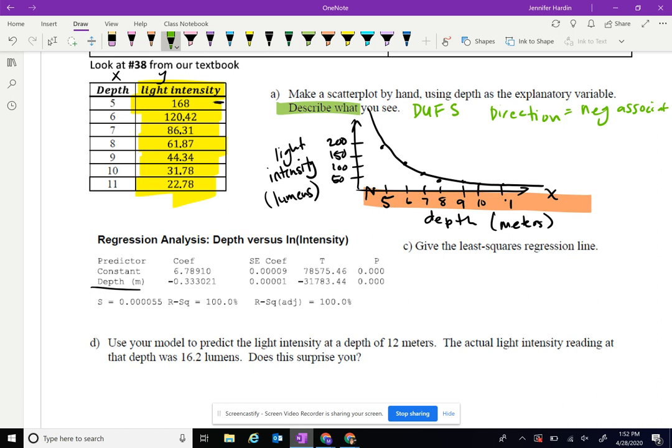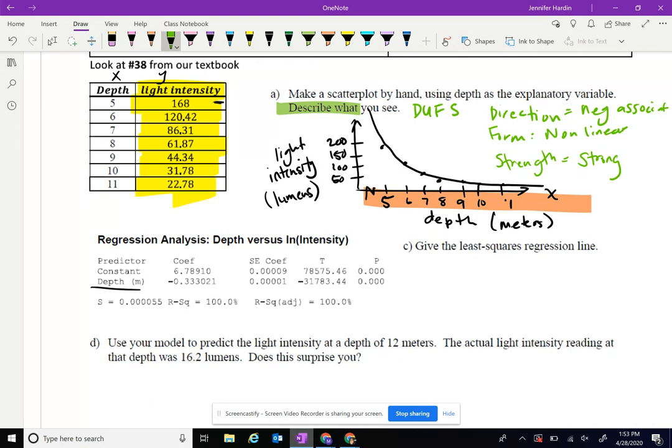Unusual features, nobody's unusual. Form, if you recognize that it's exponential, you can say that it's exponential, or you can just say that it's nonlinear. And then you should also talk about the strength. There does seem to be a very strong nonlinear negative association between these two things.